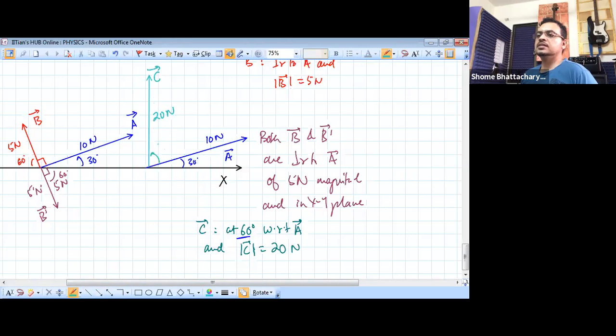So if this angle is 60 degrees, then this will be perpendicular to this. Or it could also be this one. It could also be a vector like this. Like this. This angle will be 60. Oh, sorry. My mistake.